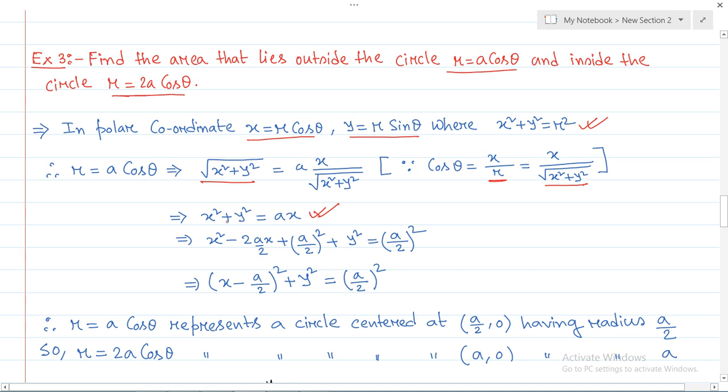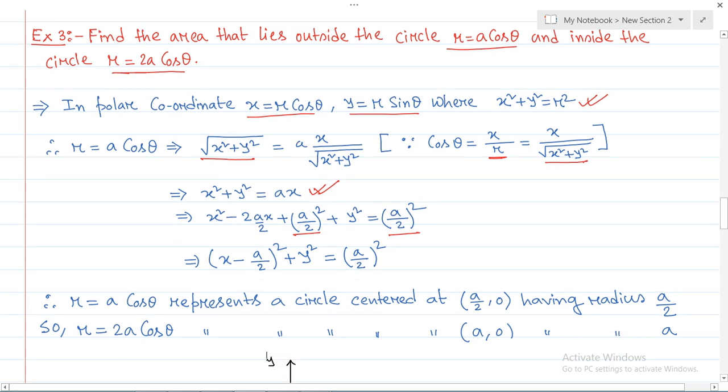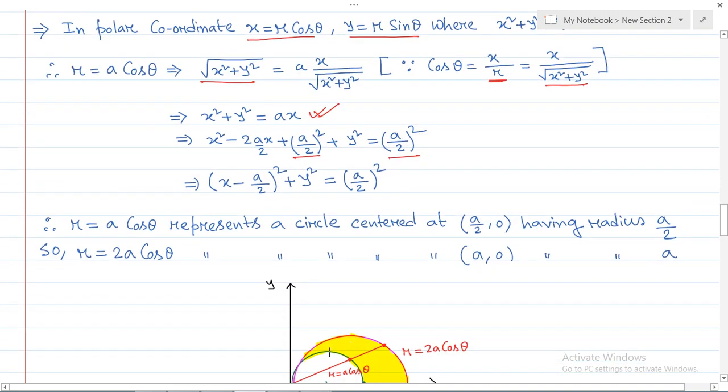We take ax to the left hand side and make a perfect square. For that, I have added a by 2 whole square on the left hand side and adjusted it by taking a by 2 whole square on the right hand side. So on the left hand side, we are having the equation x minus a by 2 whole square plus y square equal to a by 2 whole square.